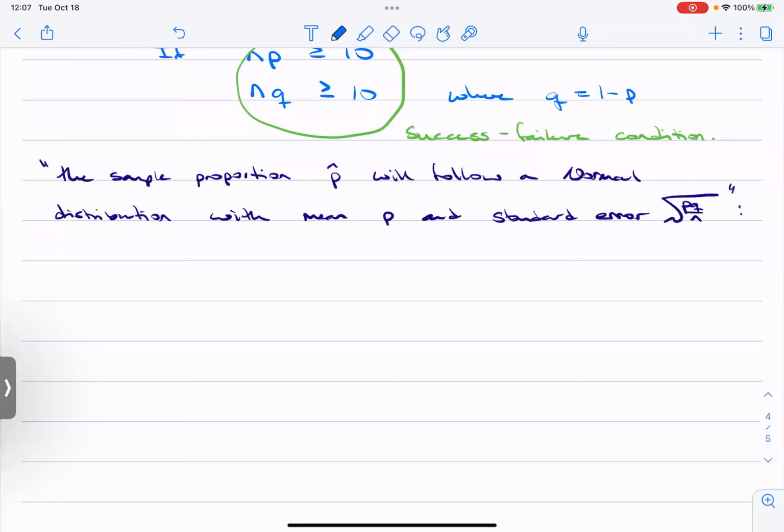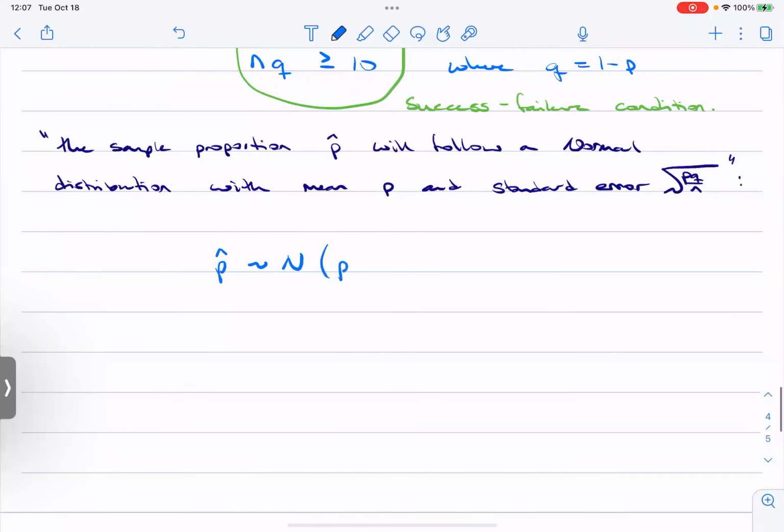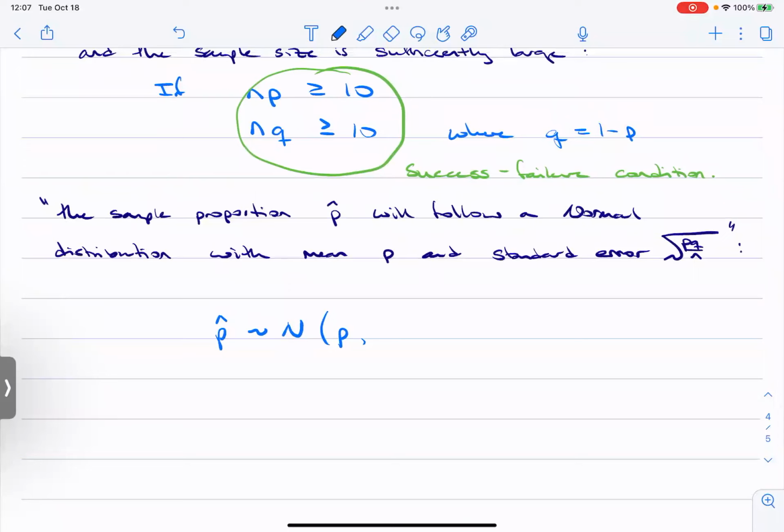But remember, the standard error is just a different name for the standard deviation if it's attached to a statistic like p hat. So then the standard deviation is the square root of pq over n.